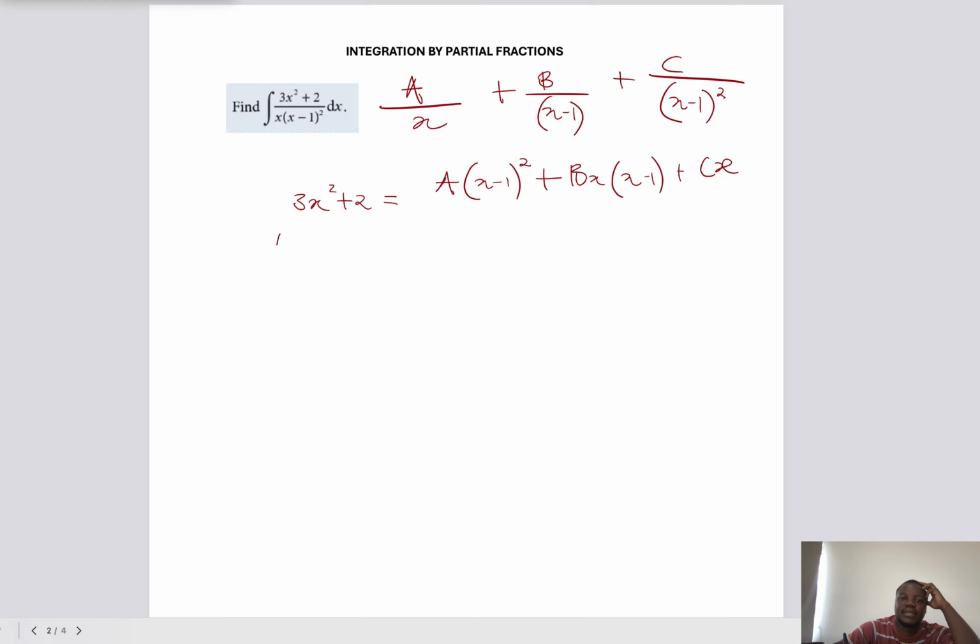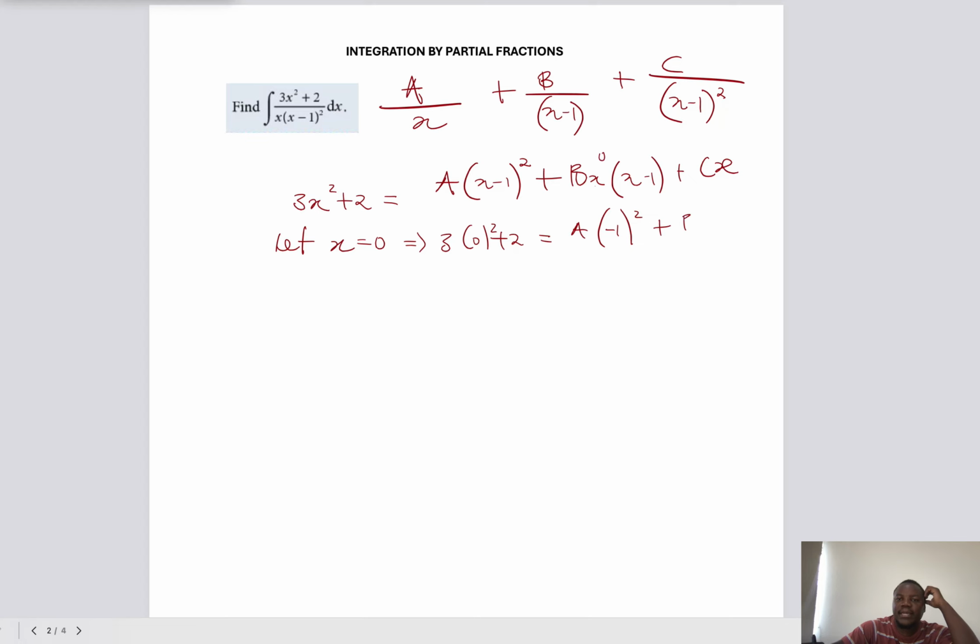So we already say let x be equal to 0, which implies that 3 times 0 squared plus 2 would be equal to a times 0 minus 1 squared, so minus 1 squared, and then plus, already if I put 0 here where there is x, this whole thing becomes 0, and that whole thing becomes 0.